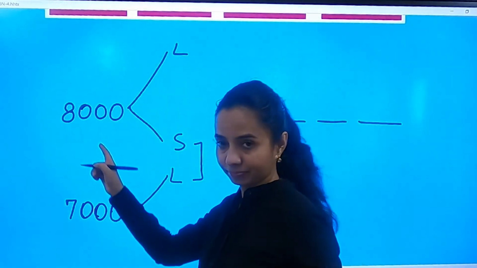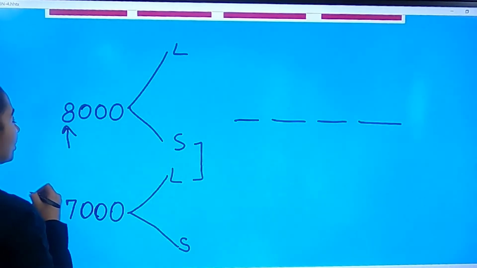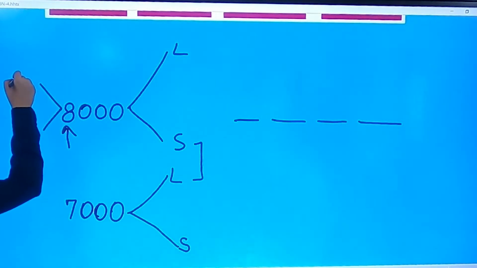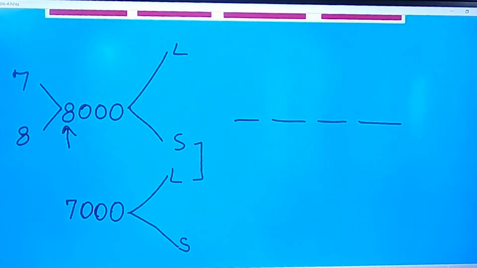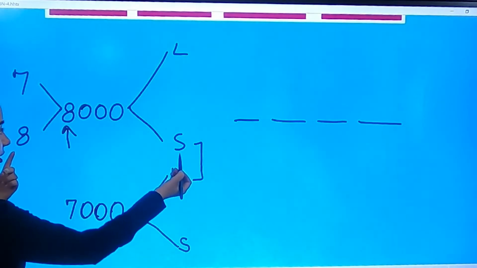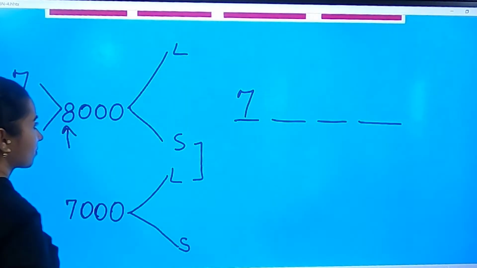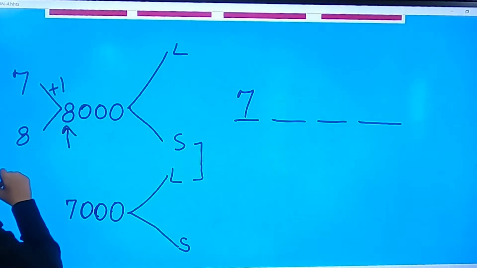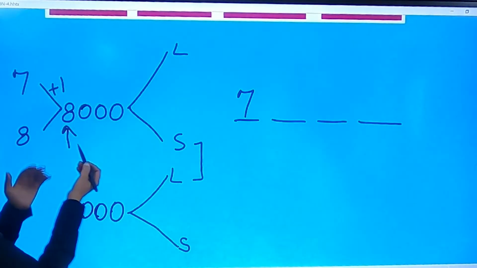The 8, this is our focus digit. When rounded off, it is giving us either 8 or 7. We are making the smallest, so we will pick the smallest here. Since 1 was added to it, that is the reason after rounding off it became 8.